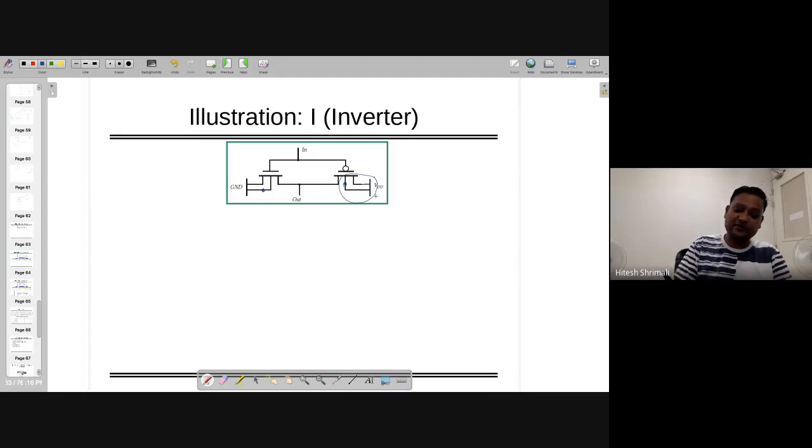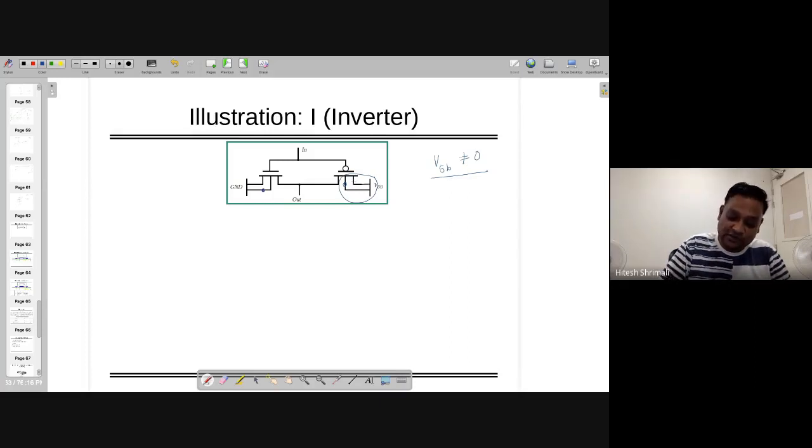And if VSB is not equal to 0, you are actually touching the threshold voltage. So that's why we don't want to create any problem.